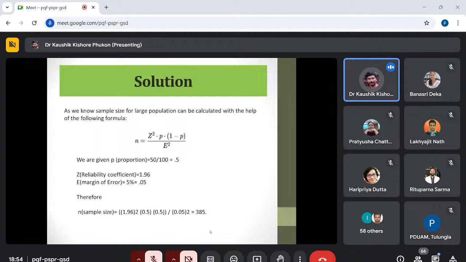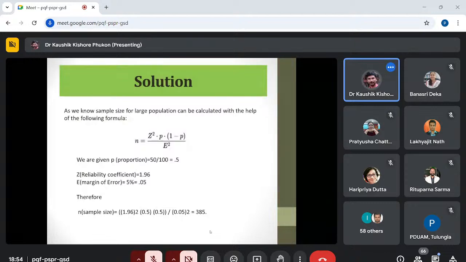That's why I am stating the problem. You can get the proportion P value by conducting a pilot survey. No other way is left. If nothing is there, you cannot get any idea about the population. So you have to do a pilot survey first before conducting the actual research. Here we are getting the value of the proportion 0.5 from a pilot survey.